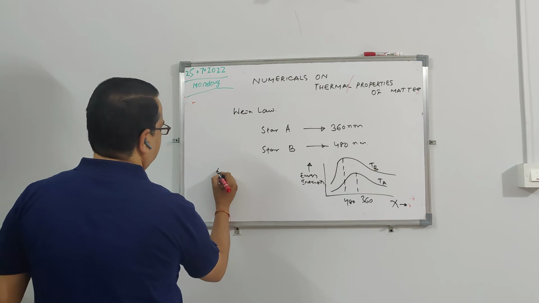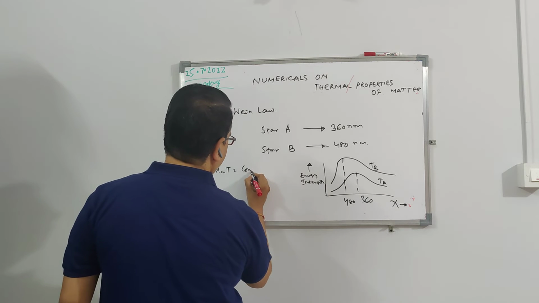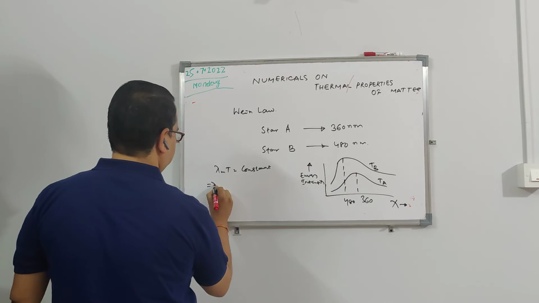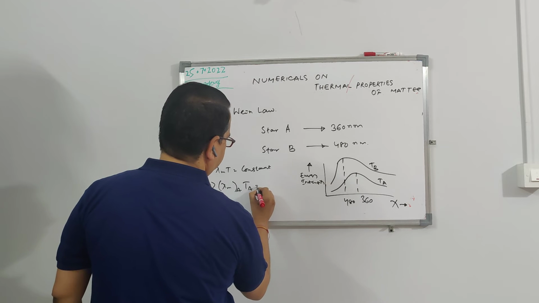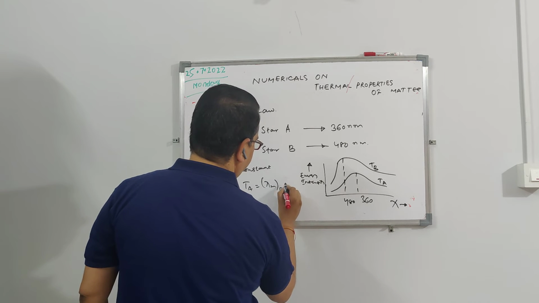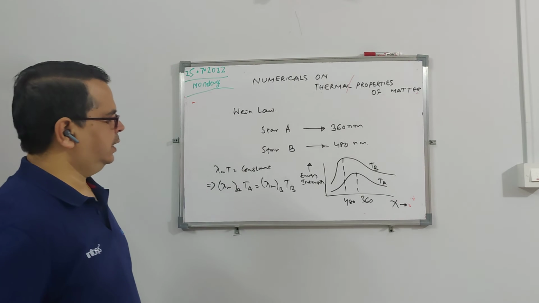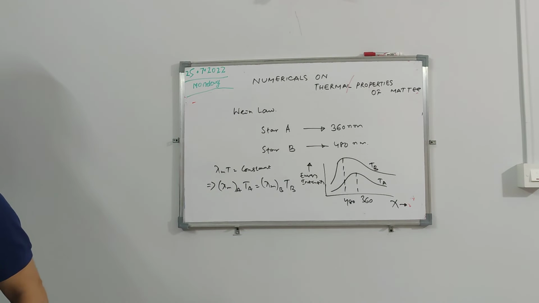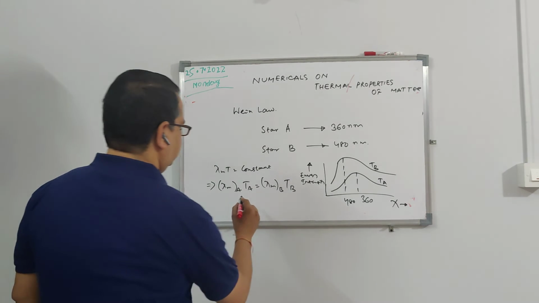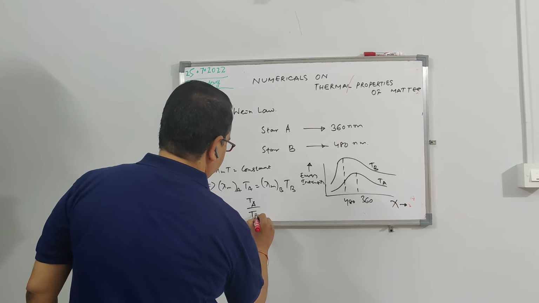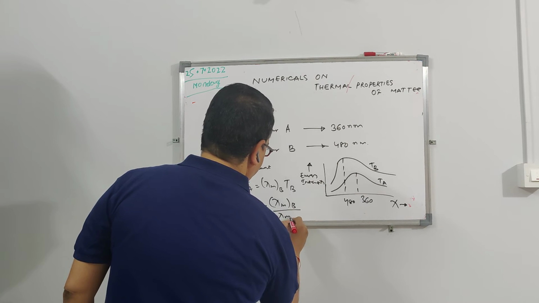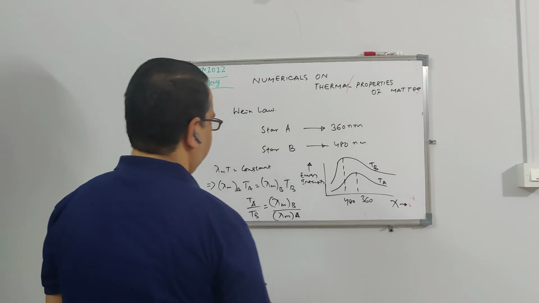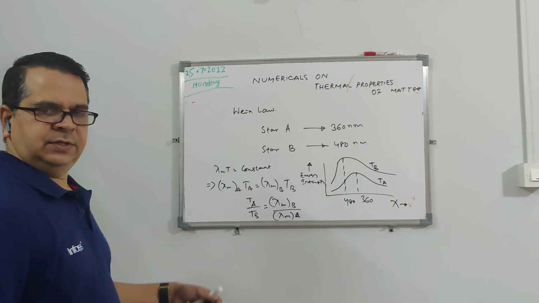This is very simple. Lambda m into T is equal to constant. That implies lambda m a into Ta is equal to lambda m b into Tb. You want to find just the ratio. So Ta by Tb is equal to lambda m b by lambda m a. That is the ratio of their temperatures, that's what they are asking.